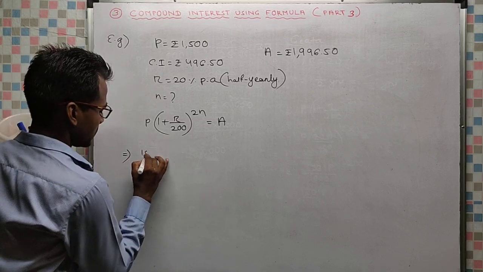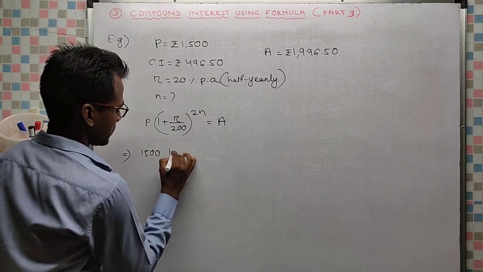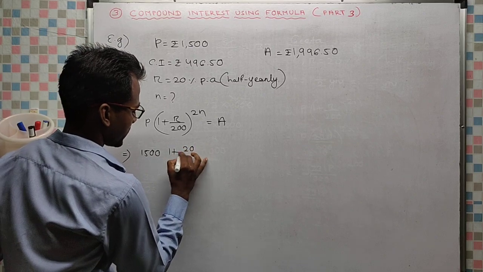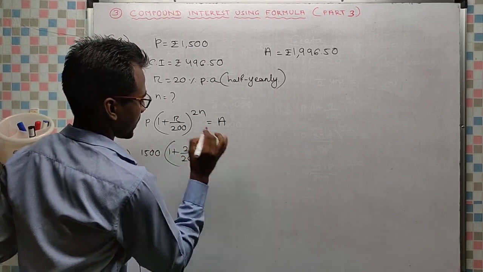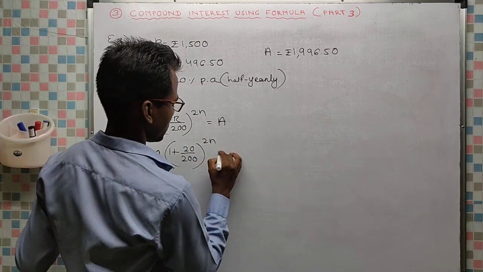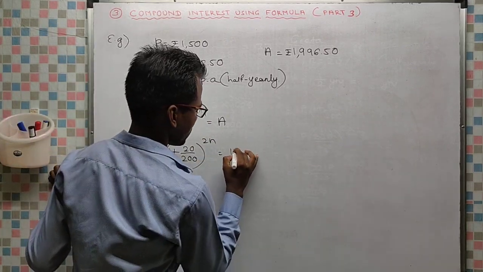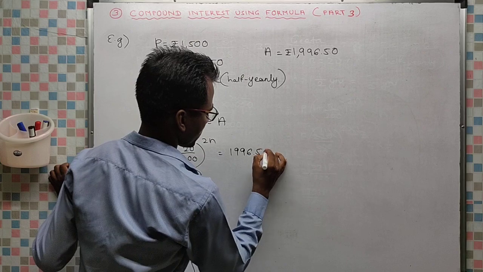Principal is 1500, rate is 20% by 200, power 2n. Time is not given. Amount is, just now we have got, 1996.50.